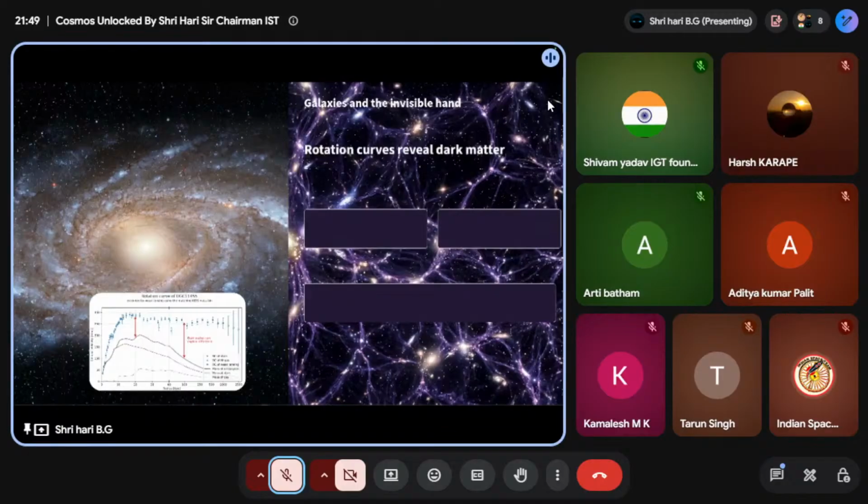Dark matter is one of the strongest pieces of evidence that most of the matter in the universe is completely invisible to us.